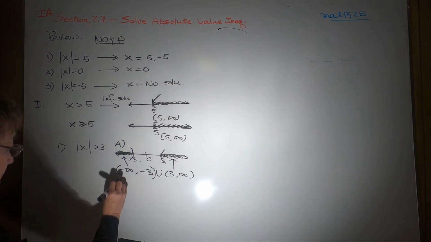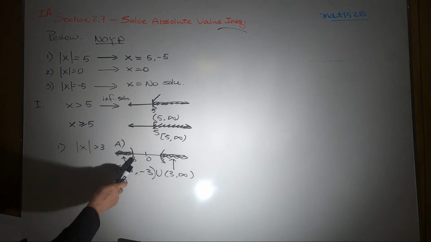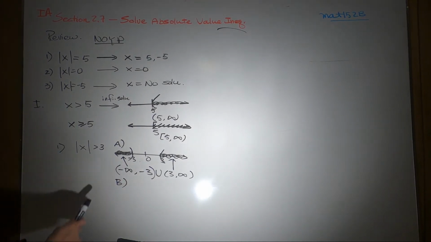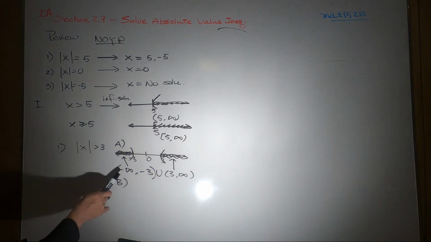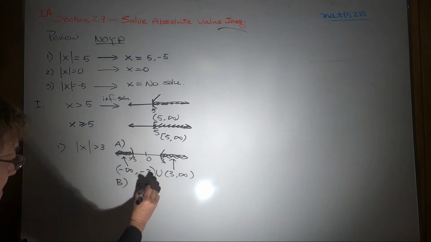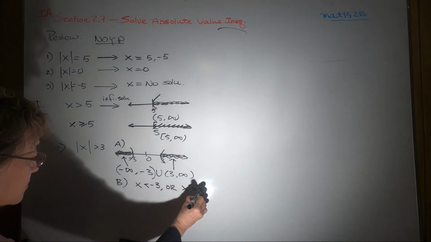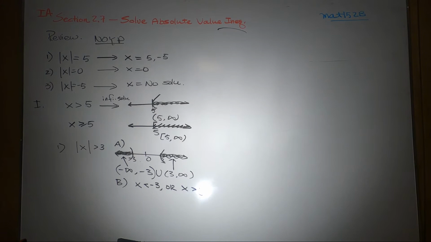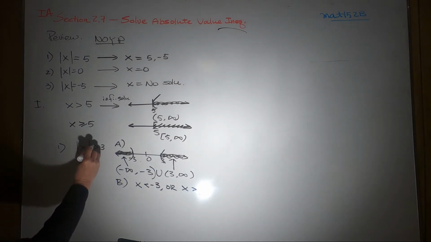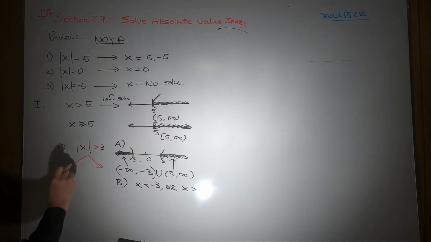Then it says to also write a math statement which describes the graphs without using absolute value. Without using absolute value means x is here and x is here. That means your x is less than -3, or your x is bigger than 3, right? So that's how we solve it. If I have a greater than sign, that means my answer has two parts.